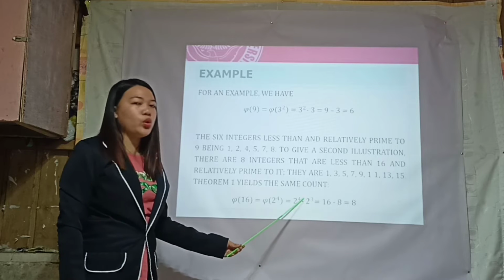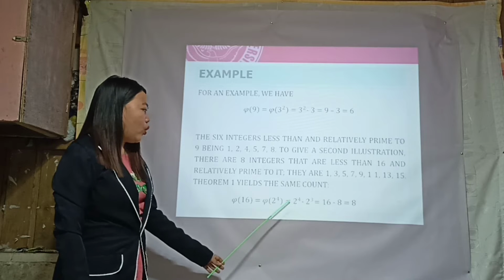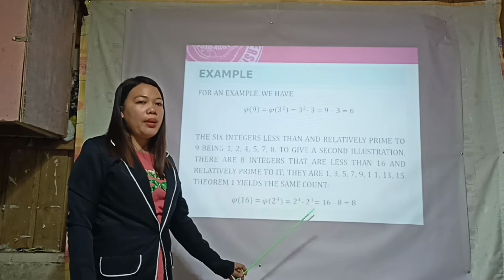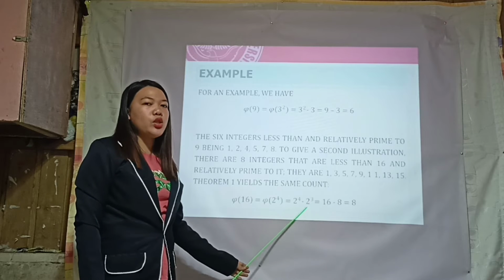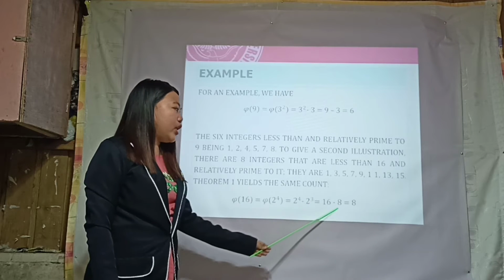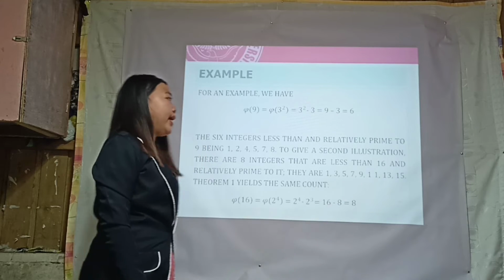So, it becomes 2 raised to the power of 3. So, 2 times 2 times 2 times 2 is equal to 16. So, 2 times 2 times 2 is equal to 8. So, 16 minus 8 is equal to 8.